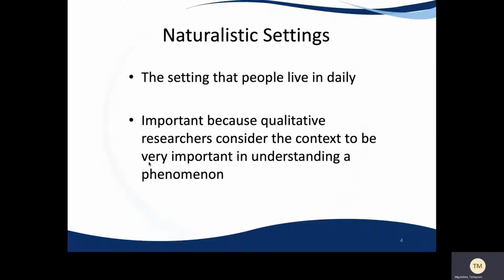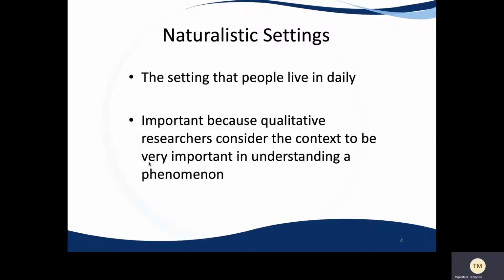Now, I have mentioned this concept of naturalistic settings, and it is a very key element of qualitative research, and it really refers to the setting in which the phenomena or the people that you're exploring live in daily. It is important that we pay attention to the naturalistic settings, because within qualitative research, the view is that the context under which you understand something matters.